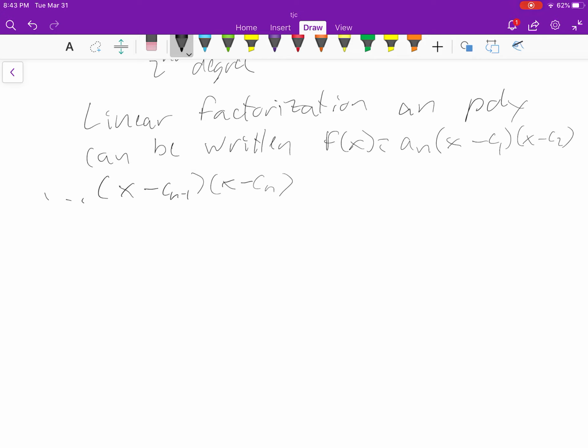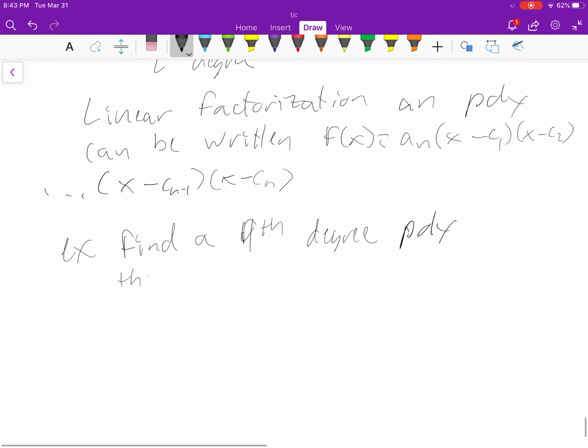So let's do another example here, and then I'm going to go back and do some more basic problems. In this example, they're going to ask you to find a fourth degree polynomial that has factors of 2, -2, and i.